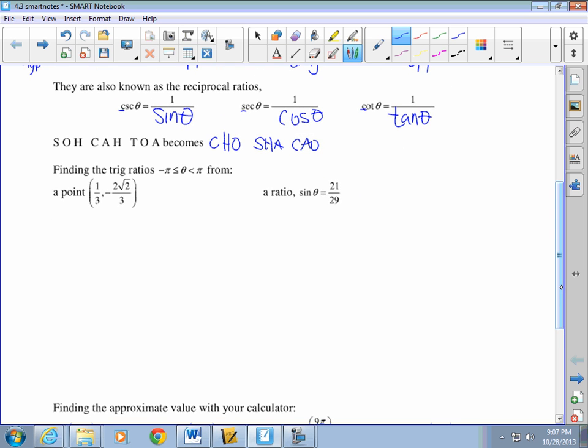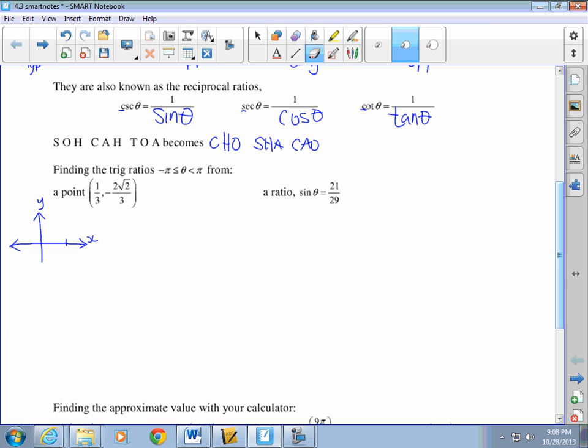So the first thing you always want to do is you want to draw this. Where would this be? So I'm on the x and y axis. My x coordinate is a positive 1/3. So wherever I mark that doesn't really matter. It's just a sketch, but we'll say it's there. Negative 2 square root 2 over 3 is going to be in the negative part.